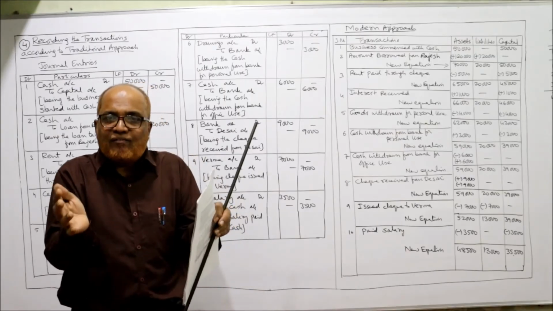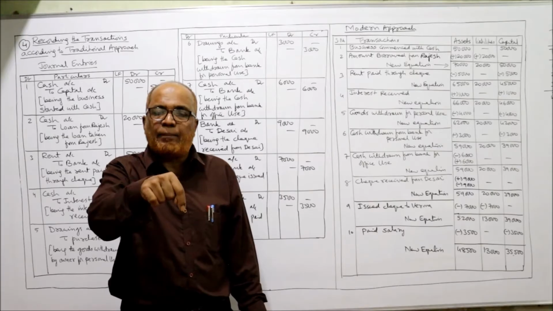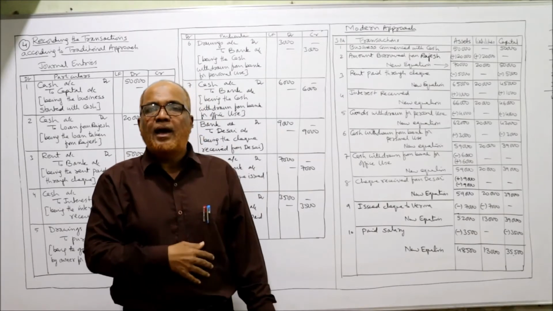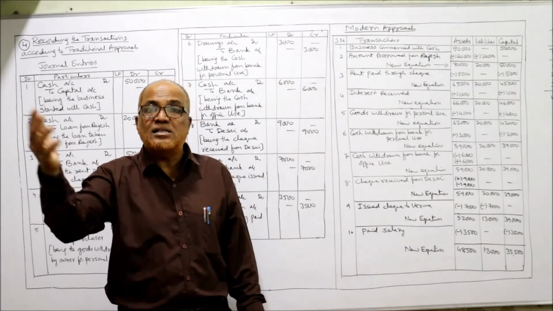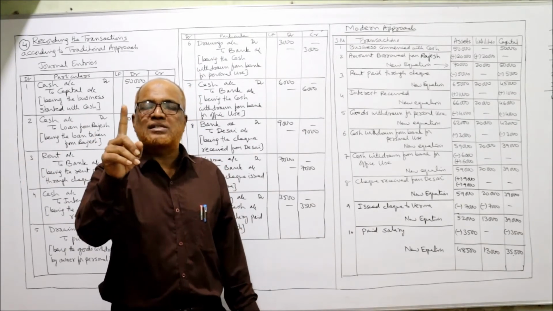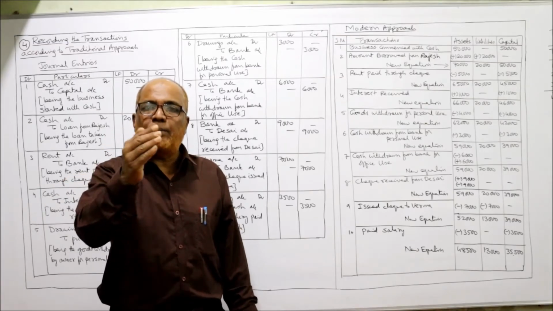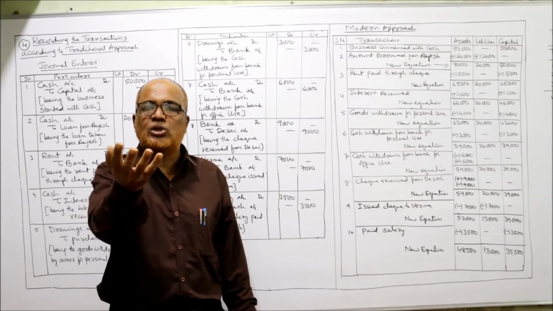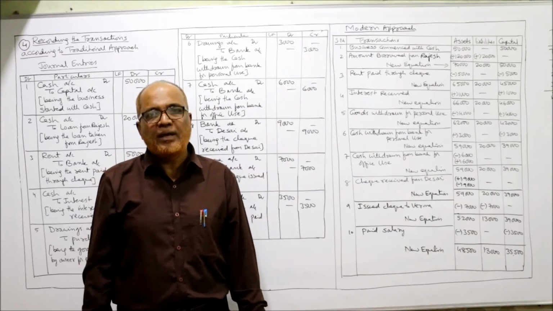The total fund in the business is 1,50,000, because 1 lakh rupees is the capital introduced by the owner and 50,000 rupees is the loan taken from the bank. That is a liability. So capital plus liability, 1 lakh plus 50,000, 1,50,000 is the asset. That is called the accounting equation.